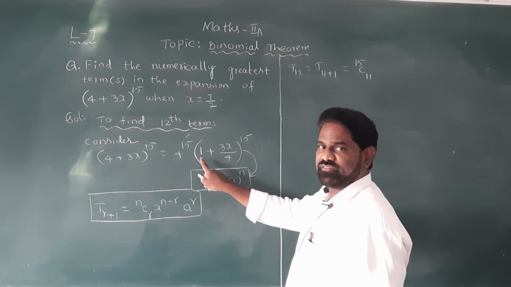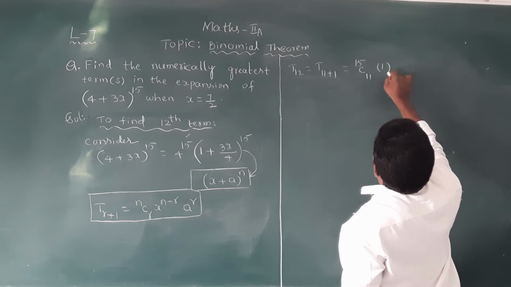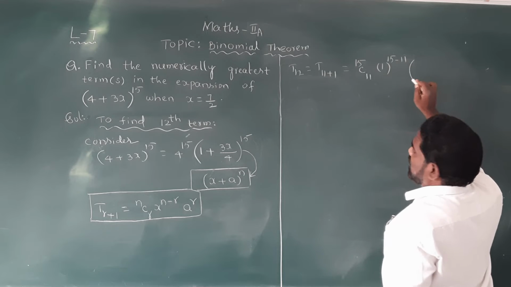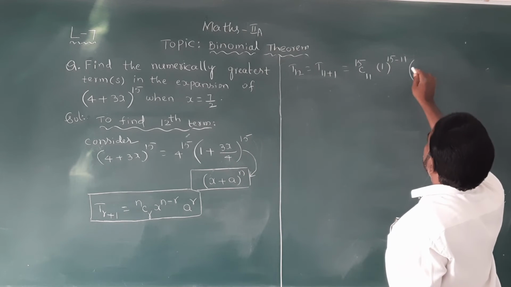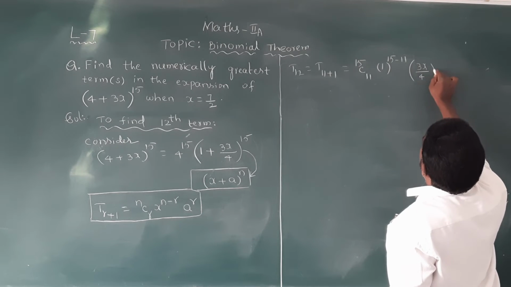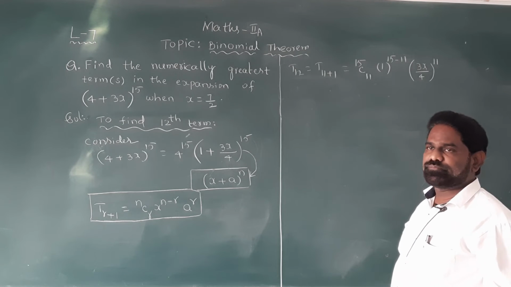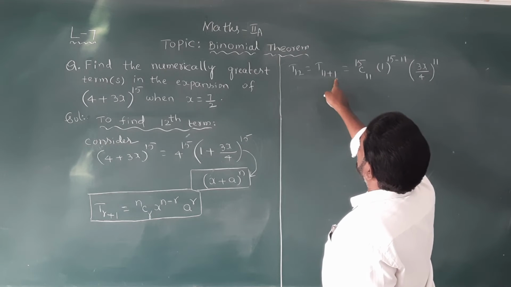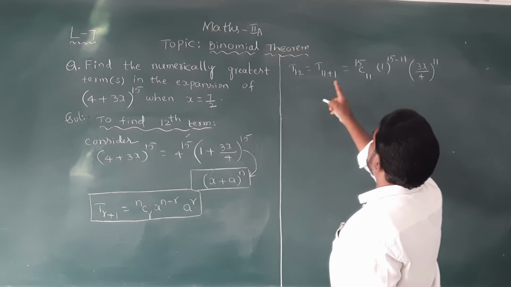The first term x is how much? 1 power 15 minus 11. a power, what is the a value here? 3x by 4, whole power r, 11. Because this is the T(r+1) form, the r value should be 11.